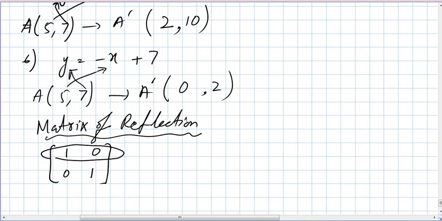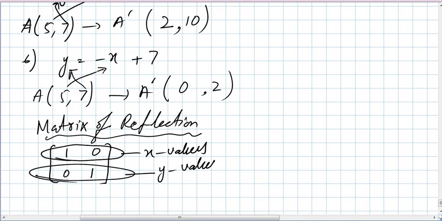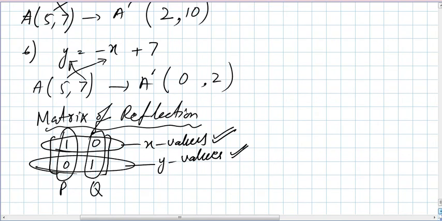These two values are called x values, and these two values are called y values. And this is actually a point P, and this is actually a point Q. That's why these values are called x values and these values are called y values.